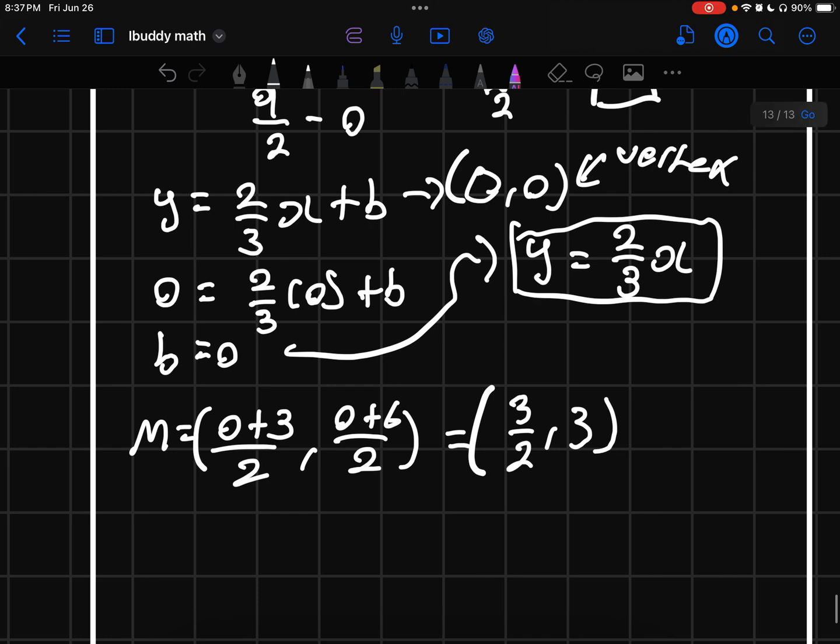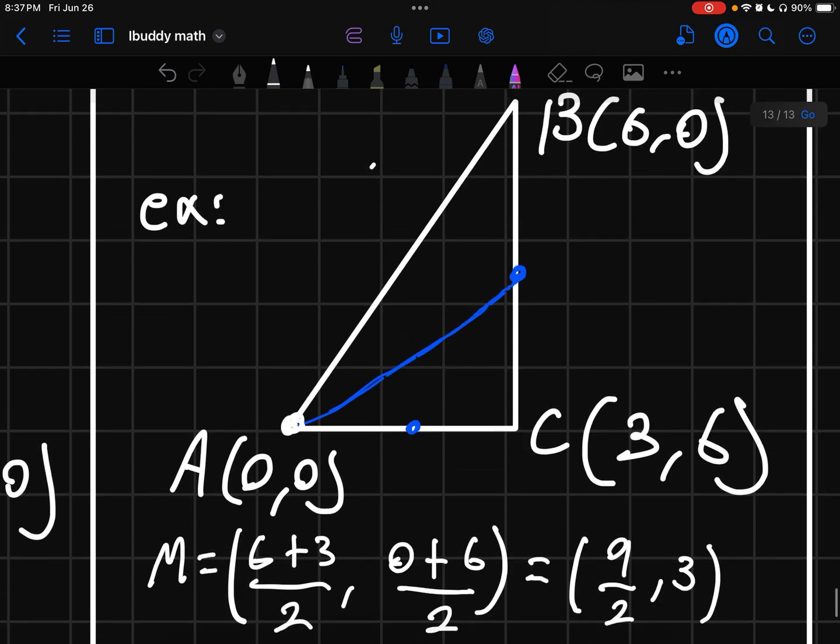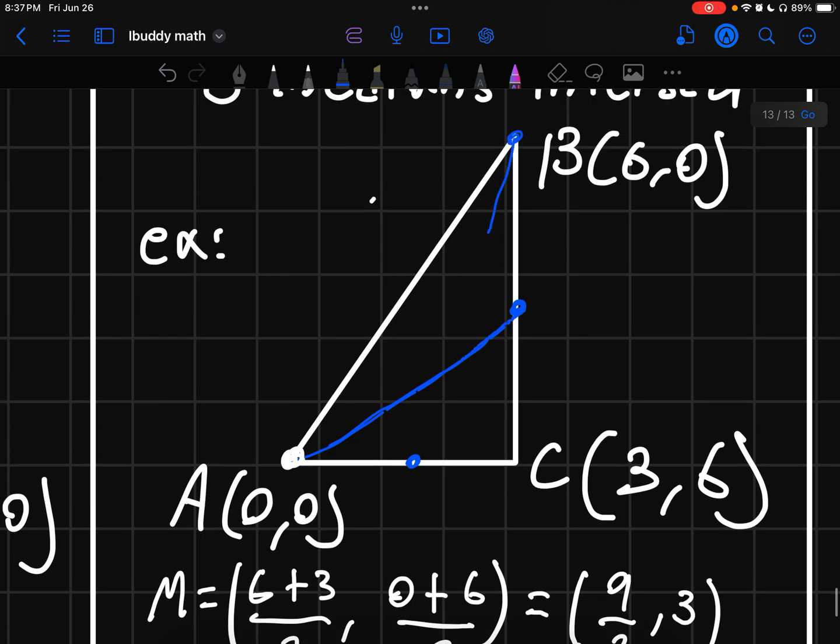Now that we have the midpoint, we have to find the slope from B. What we are finding is this line here.